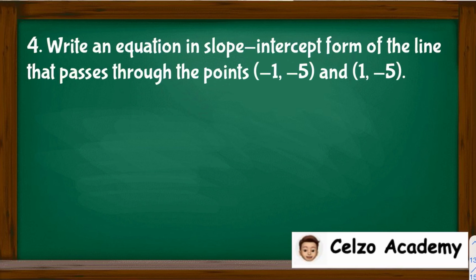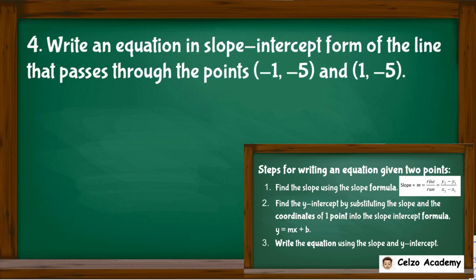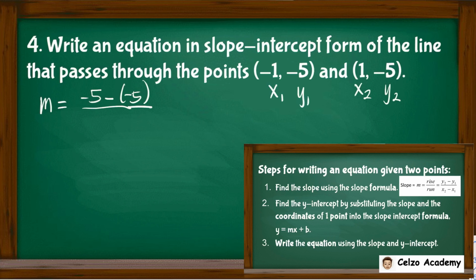Question number 4. Write an equation in slope-intercept form of the line that passes through the points -1, -5, and 1, -5. The first point is our x1, y1, and the second point is x2, y2. Solving for the slope m, we have y2 is -5 minus y1, which is -5, divide by x2 is 1 minus x1 is -1.